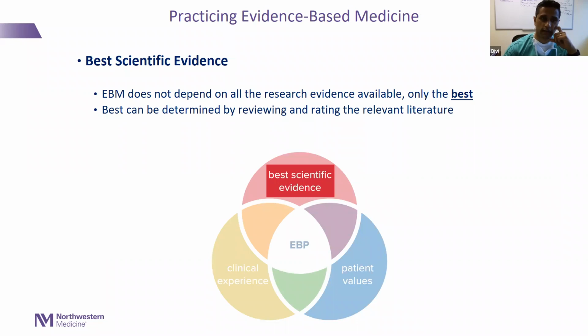Evidence-based medicine does not depend on all the research evidence available, only the best. So again, you can have thousands of articles on, let's say, degenerative spondylolisthesis, but you just need to find the best evidence that you need to think about for your specific case, and weigh that into consideration. And you can do this by reviewing and rating the relevant literature.